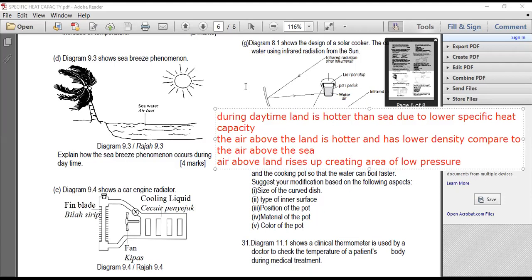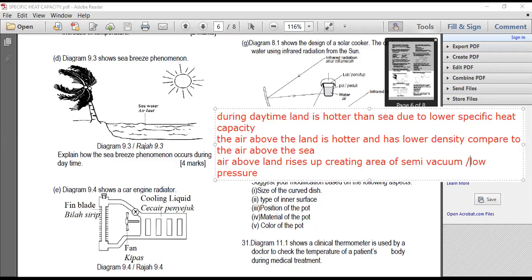So what happened? The air is hot here, so the air will have low density. That means the air will be lighter, so the air goes up. When the air goes up, this area becomes something like semi-vacuum, because it's empty, the air has gone up. So this area will have low pressure. You can say semi-vacuum or low pressure.